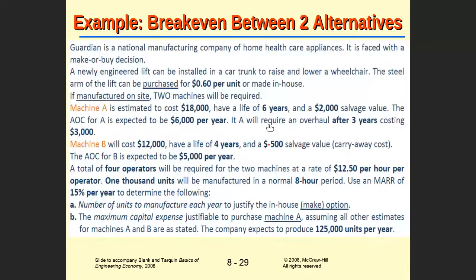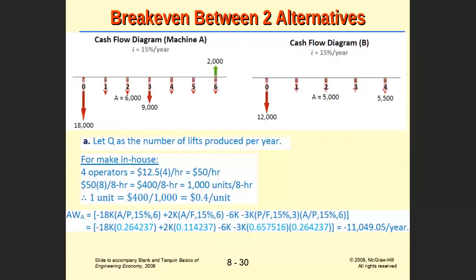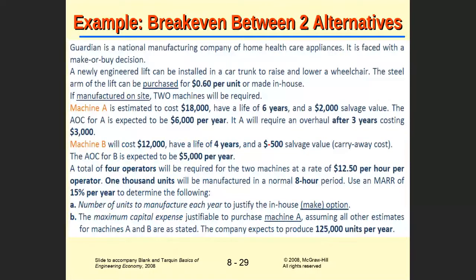That is a single value placed at the end of year 6. So (A given F, 15%, 6 years), minus 6,000, because this is the annual operating cost, minus 3,000 (P given F, 15%, 3 years), and then we multiply it with (A given P, 15%, 6 years). Why did we do this step? Because we have another single value, but this single value here is a cost placed in year 3.